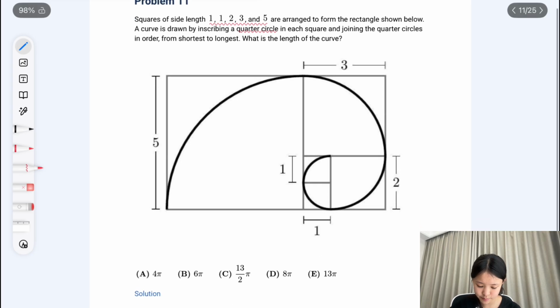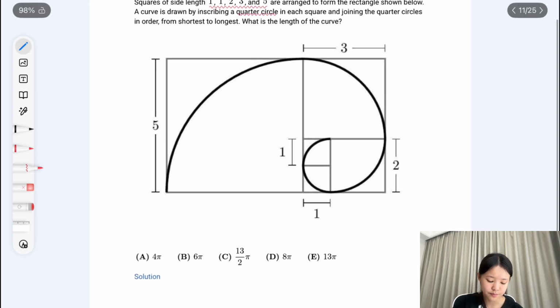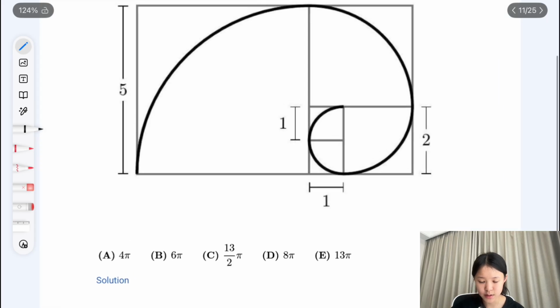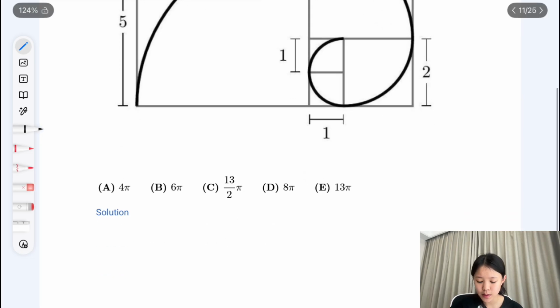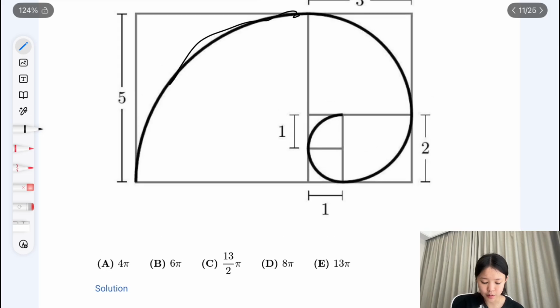Okay, so if you look at it, you can see that as the problem told us already, these are all quarter circles, and then if you drew a full circle, it would kind of look like this. And so the first thing that we need to know is how do we find the distance of this part, right? Which is basically the circumference.